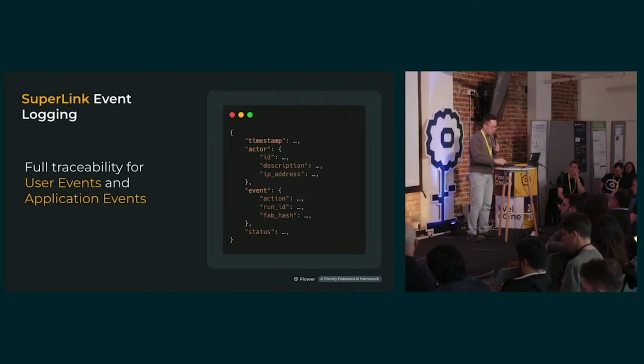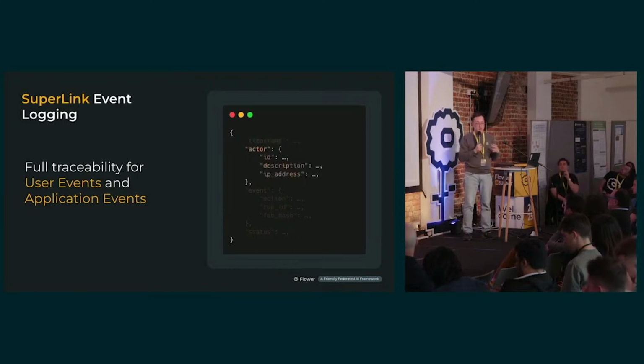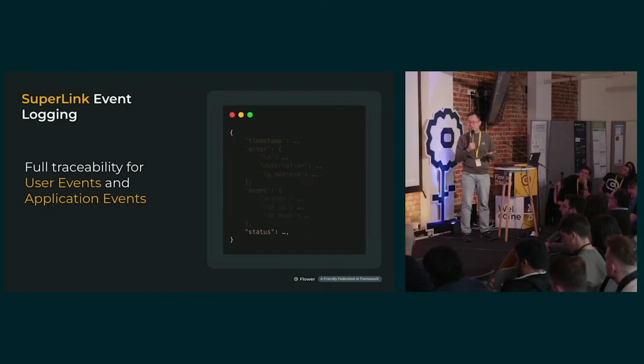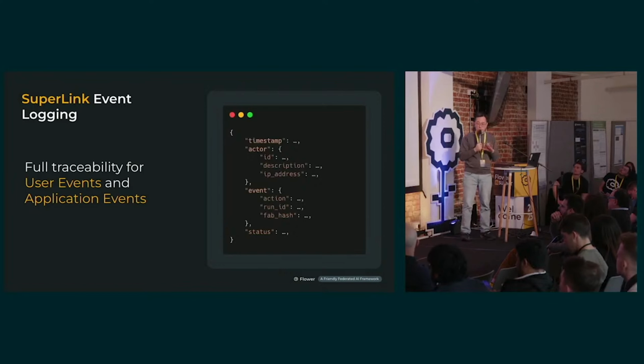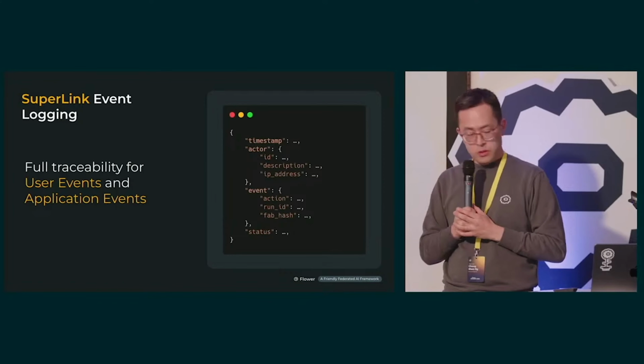So it contains several components. You have the timestamp of when the event occurred. You have the actor that triggered the event, the description itself, and finally the status of the event, whether it's successful or a failure. So all of this gives you full transparency and auditability of your FL workflows.